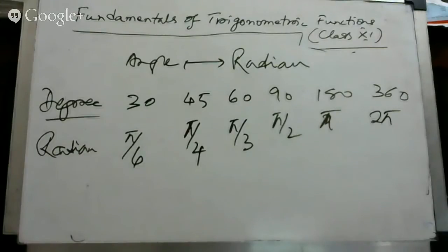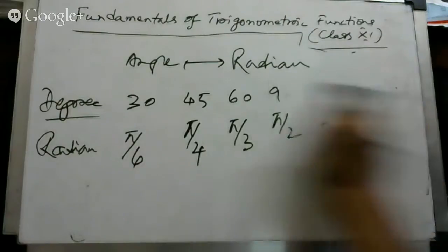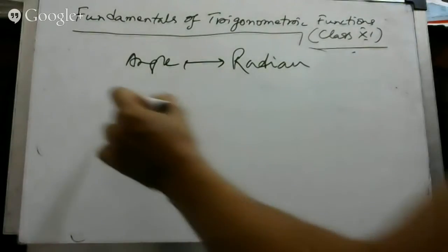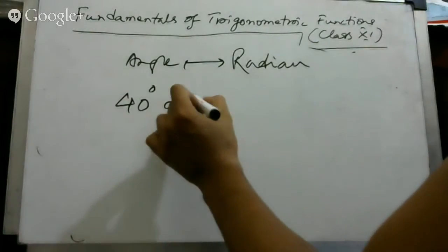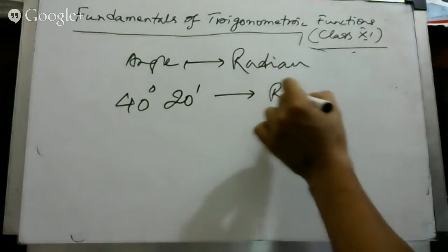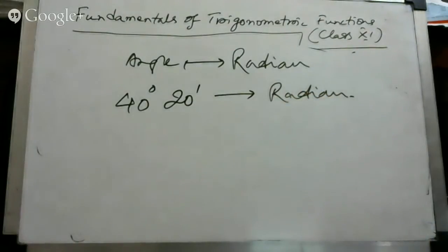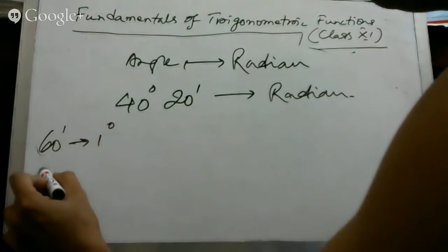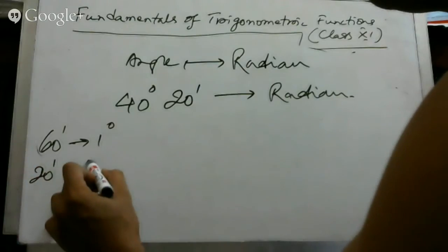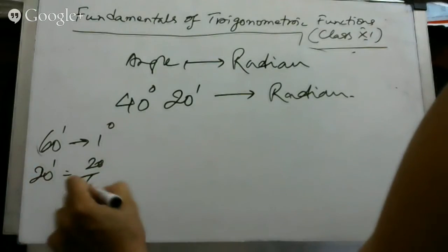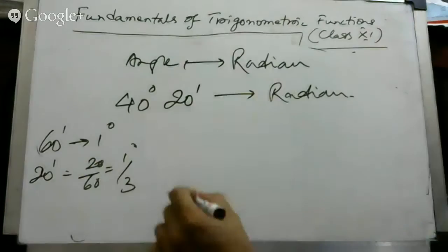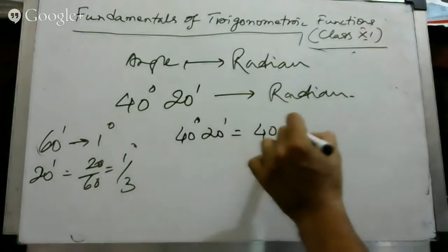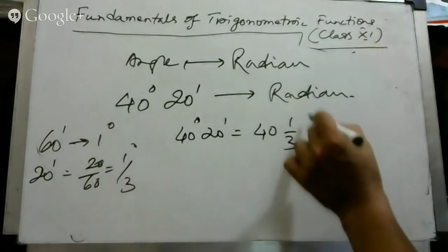so just to take an example of how this is being used. If somebody is given an angle of 40 degrees 20 minutes, and we need to convert it into radians. Now 60 minutes is 1 degree, so 20 minutes is 20 by 60, which is 1 by 3 degree. So 40 degrees 20 minutes is equal to 40 and 1/3 degrees.